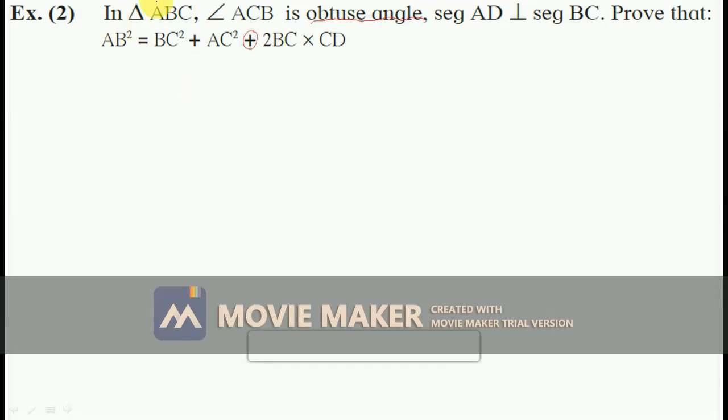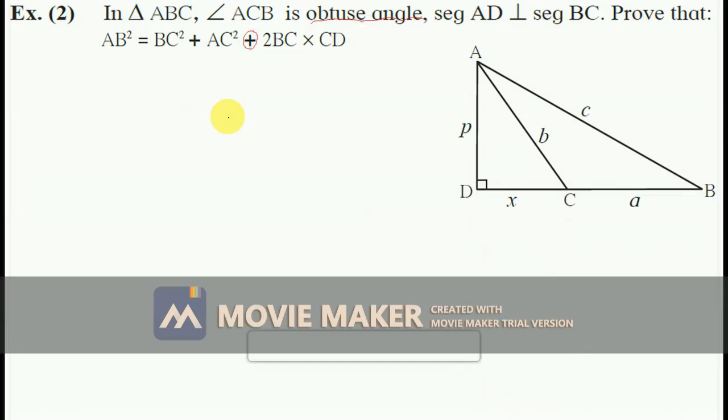Now we start. First of all, we have taken our triangle ABC, in which angle C is obtuse, meaning greater than 90 degrees. It will be 120 or something else. Okay, it is an obtuse angle.